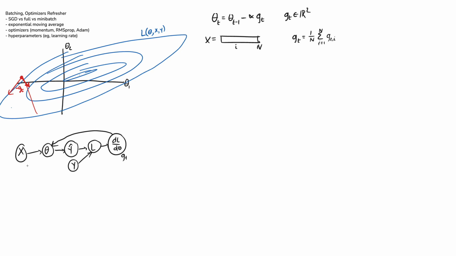But whenever you pass in the full data set to compute the average gradient, you know you have the correct step direction according to the gradient at least. But again, this is not what's done in practice.